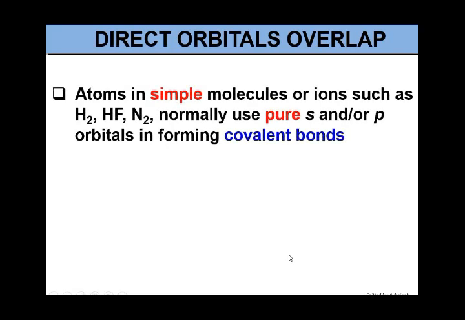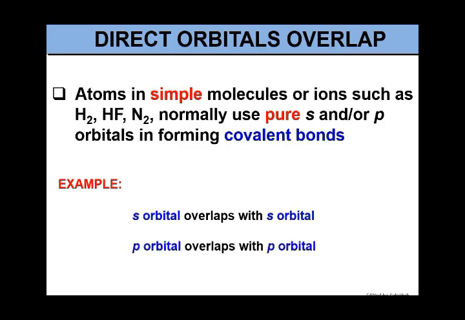Direct orbital overlap: atoms in simple molecules or ions such as hydrogen gas, hydrogen fluoride, and nitrogen gas normally use pure s orbital and/or pure p orbital in forming covalent bonds. For example, s orbital will overlap with s orbital, p orbital will overlap with p orbital, and s orbital will overlap with p orbital.